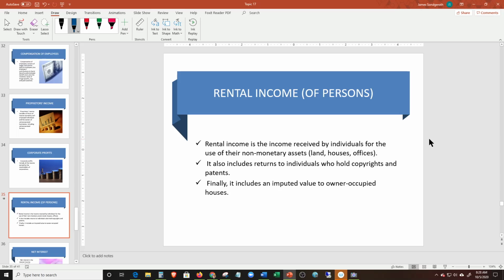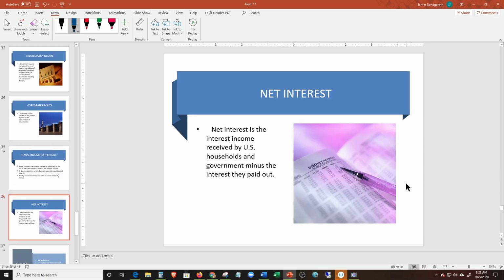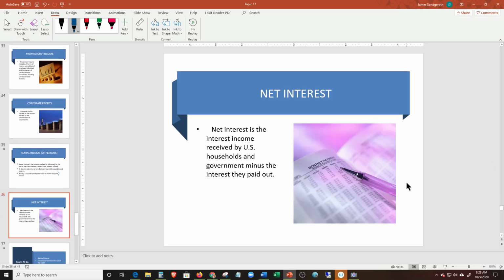It also includes returns to individuals who hold copyrights and patents, and it includes imputed value to owner-occupied houses. This is a hard one. We talked about the difficulty of that with CPI. Net interest is interest income received by U.S. households and government minus the interest they paid out.